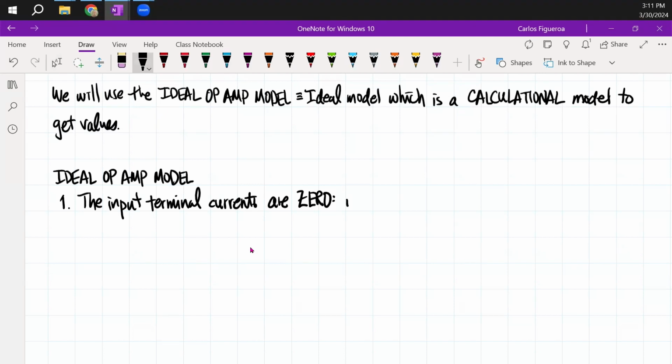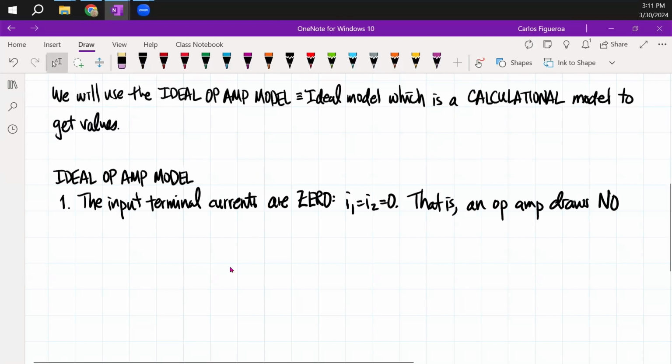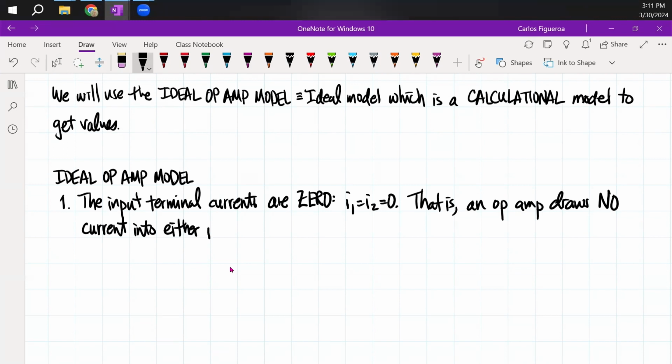In other words, I1 is equal to I2 is equal to 0. What this is really telling us is that an op-amp draws no current into either input.